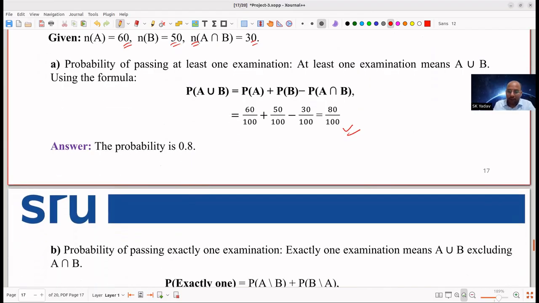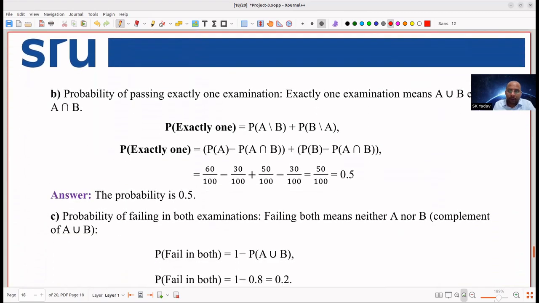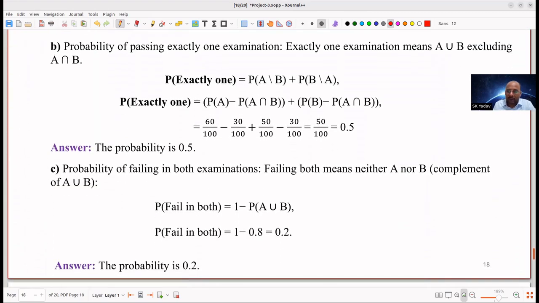And then I have here exactly one. So A minus B or B minus A. This is written as, you can check this.